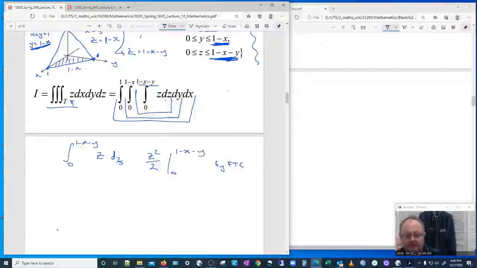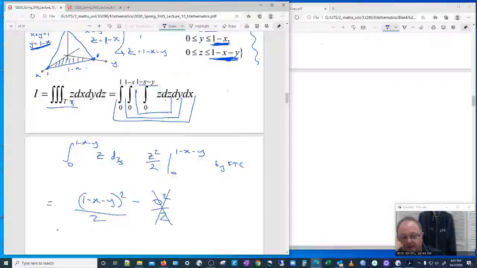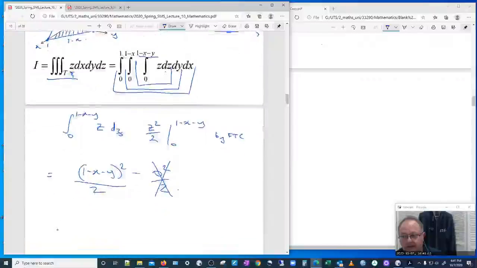And so we'll get z will be 1 minus x minus y all squared on 2, minus 0 squared on 2. Okay, so the second term is algebraic, so it's gone, and so then we get our next part.